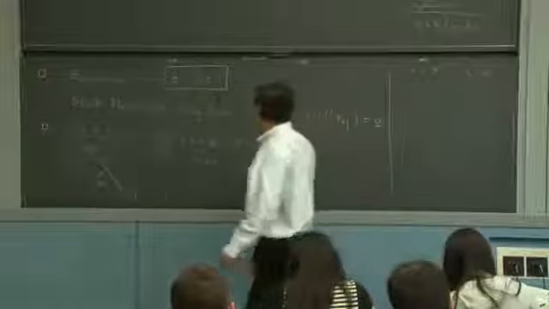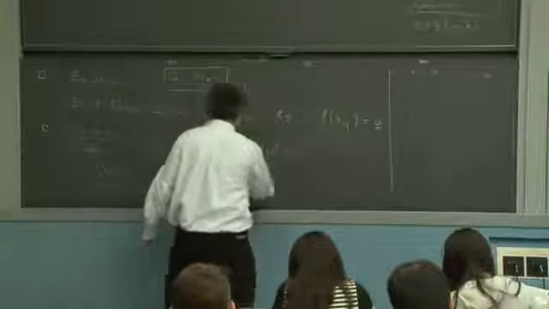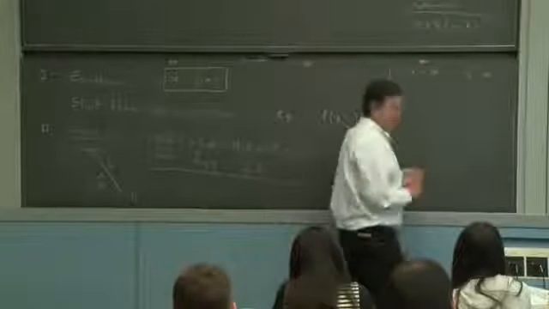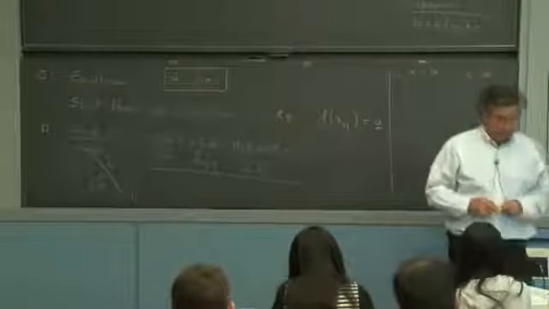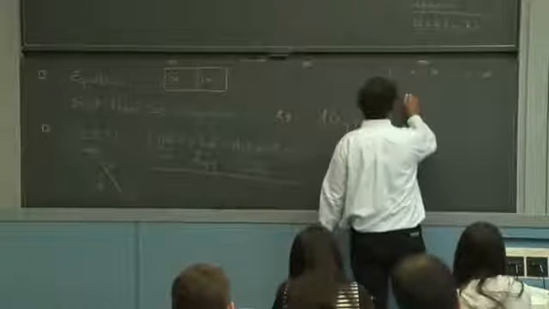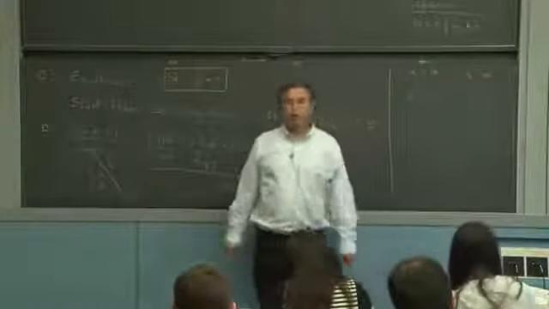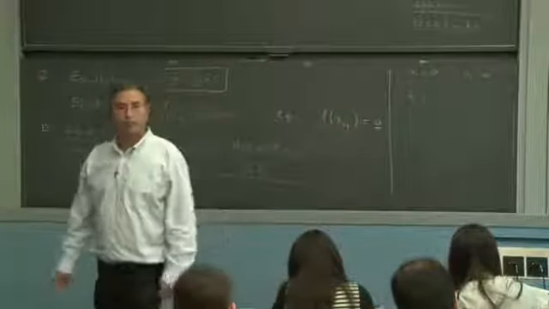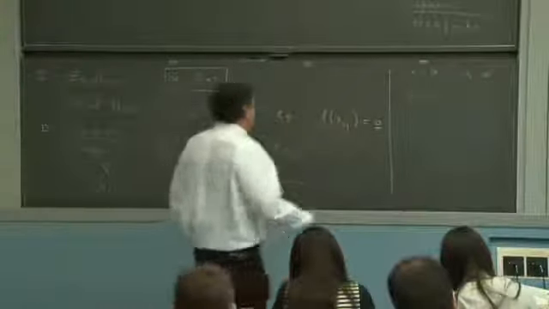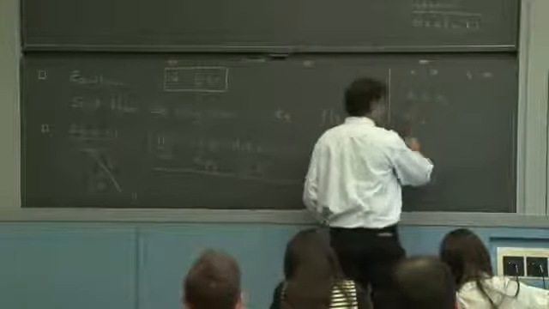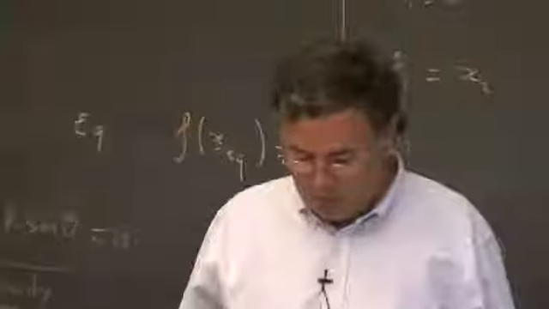So what are the state equations? We have this equation, F equals ma. What are the state equations corresponding to F equals ma? Well, first equation: x1 dot equals x2. Second equation: x2 dot equals, well, you have to put it together.